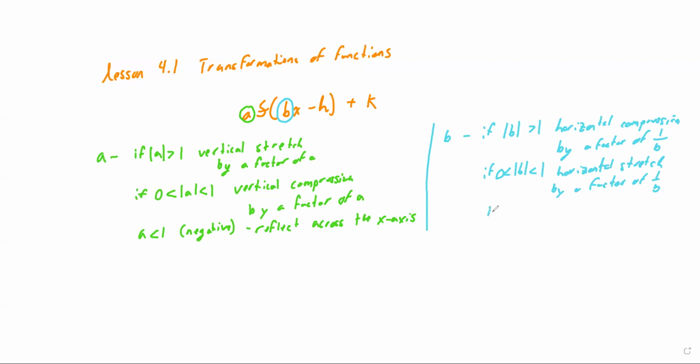Now, if B is less than 0, again meaning negative, it will reflect across the y-axis. Those are probably the two hardest ones. The rest of it, in my opinion, is relatively easy. I say that.